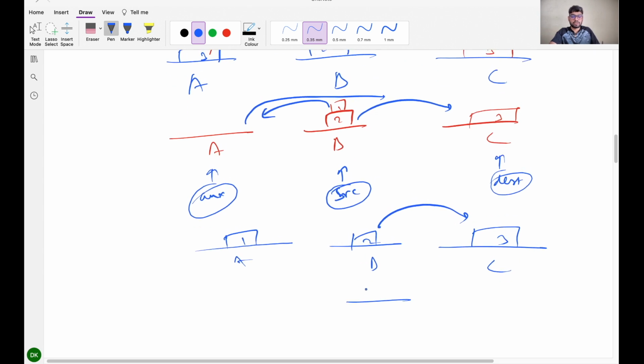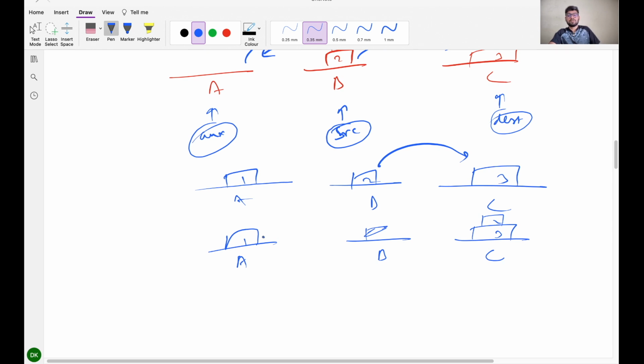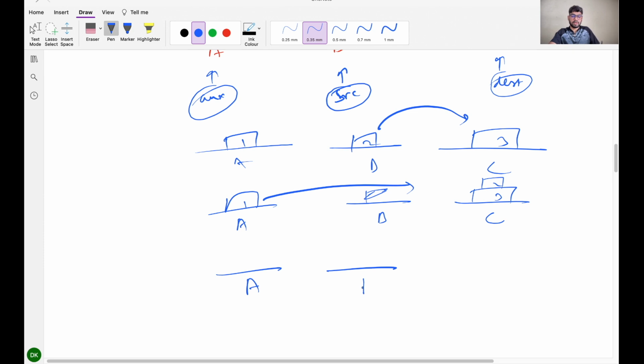In the next configuration, B has 3 and 2, and A has 1. After that I place the disk from A to C. So A is empty, B is empty, and C has 3, 2, 1. Now I have moved all disks from A to C without violating any rule.